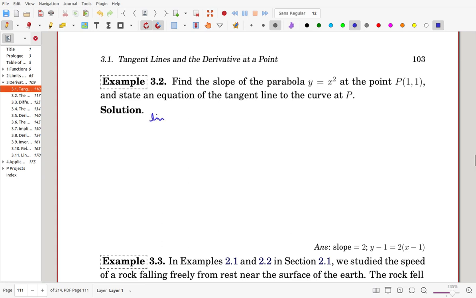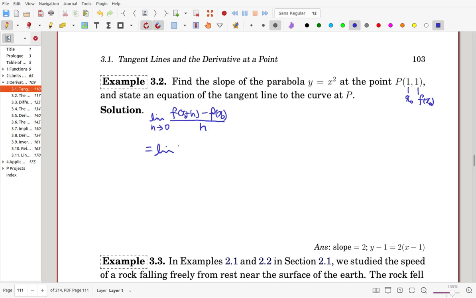Limit as h approaches 0 of f of x0 plus h minus f of x0, divided by h. That is the definition of the slope. Here x0 is 1, and that is f at x0.